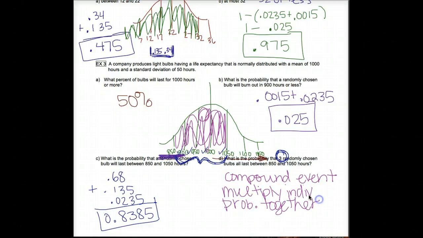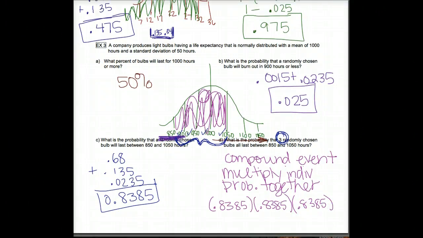So the probability that the first light bulb lasts that long is 0.8385. The probability that the second light bulb lasts that long is the same. It's also 0.8385. The third light bulb still has the same probability, and so I multiply them all together, which gives me 0.5895. Now, the reason I wrote it like this is because sometimes you have compound events that have separate probabilities.